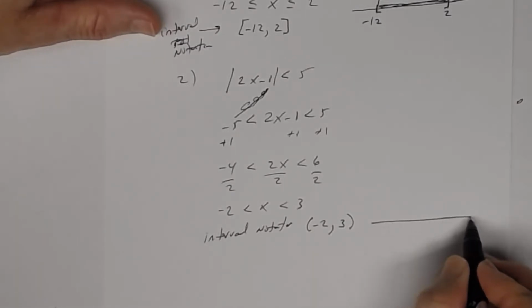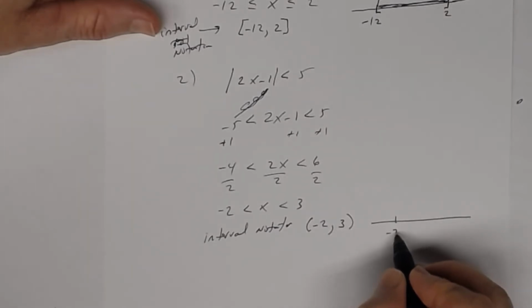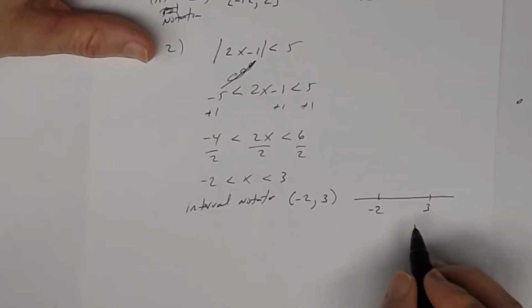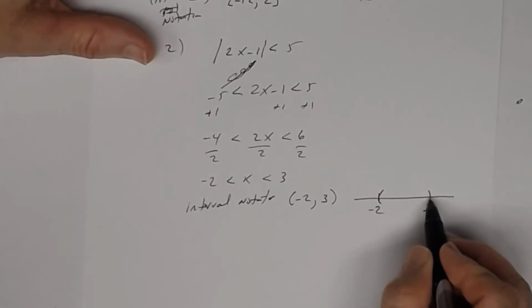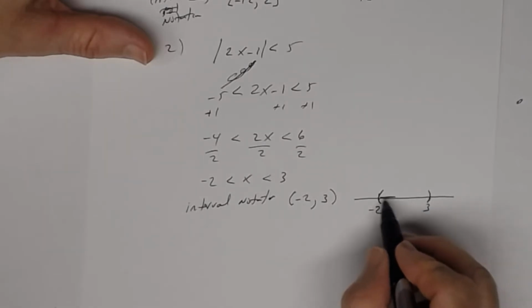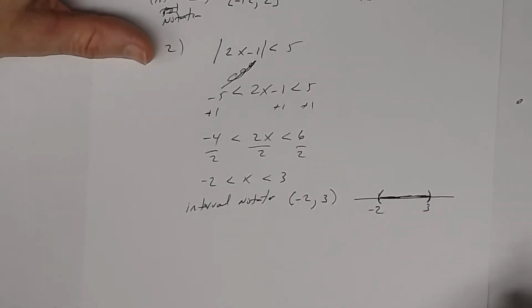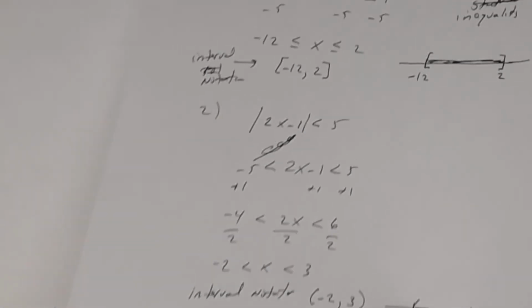If you were asked to graph, make sure you put it in order. Negative 2 is less than 3. You put parentheses, and shade in every number between them. And that's all that is. It's not that difficult at all.